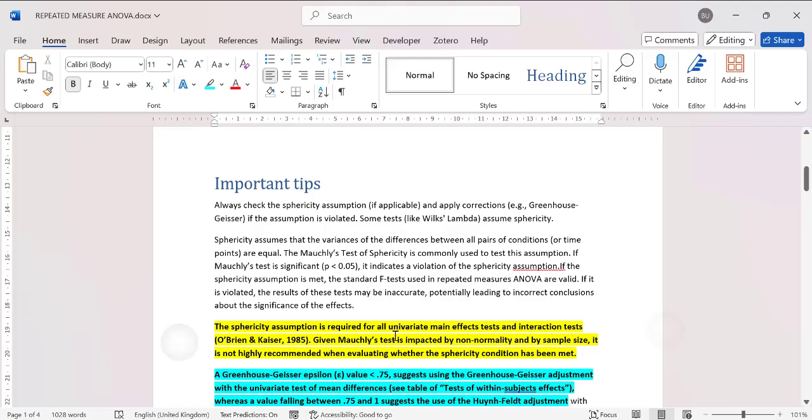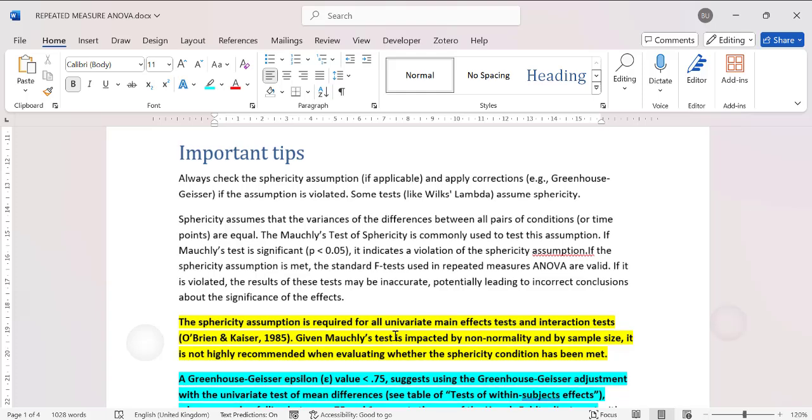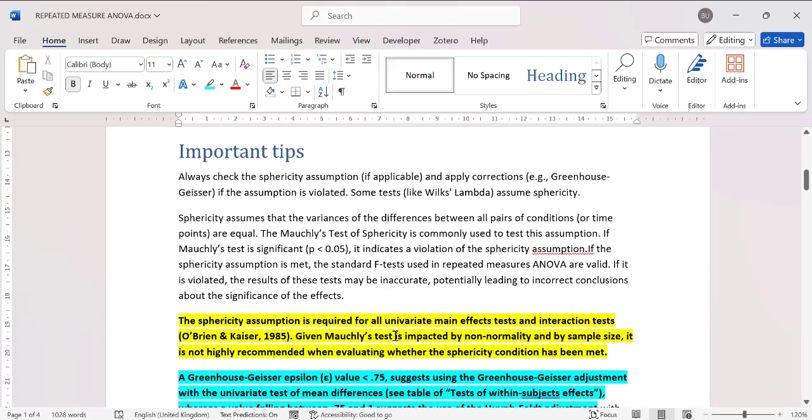Here are some important tips that you need to know. The first thing is to check for the sphericity assumption and apply the corrections where necessary.